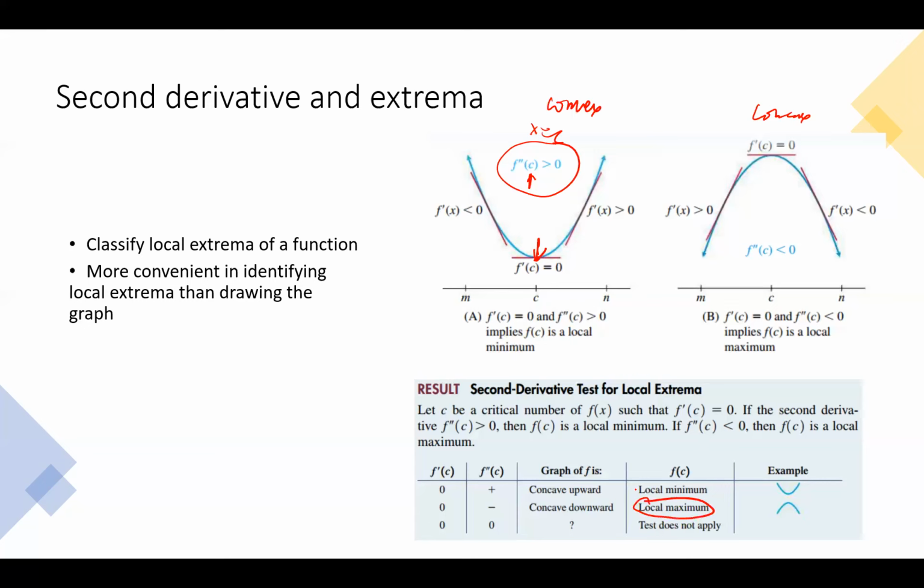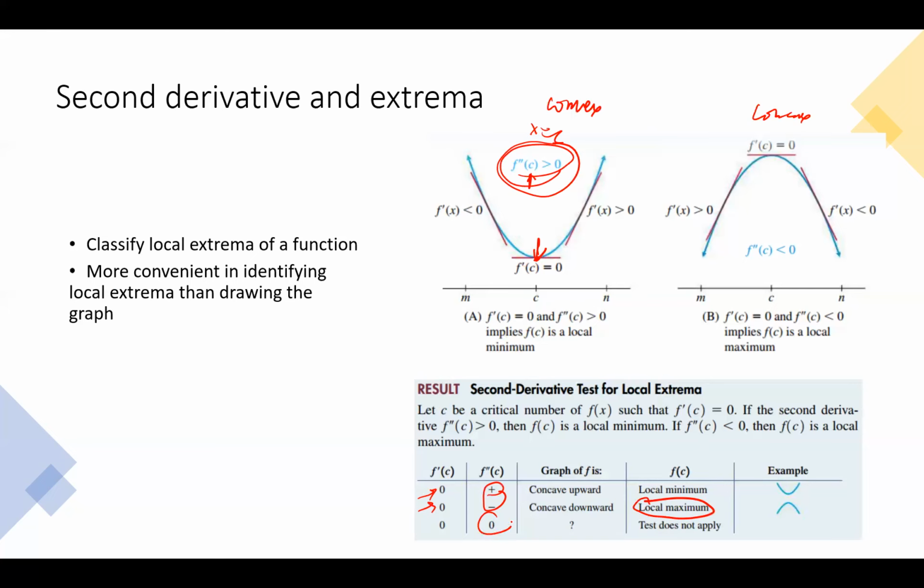So basically, this is a utility rule we can use, for example, to identify whether this is a maximum or minimum, right? We can just use the second derivative and check the sign. And in both cases, the first derivative is zero, because the slope is zero.